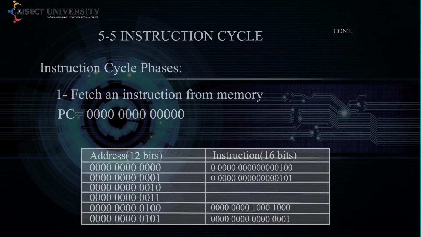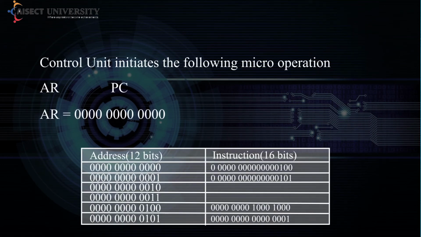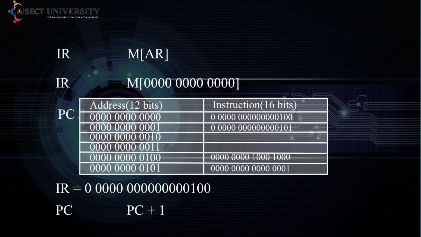Now let us see the instruction cycle phases. The first phase is fetching the address from the memory. Here I have already shown you that the memory is divided into a 12 bit address and 16 bit data. The program counter first holds the address of the first instruction, and the address is fetched by the program counter.